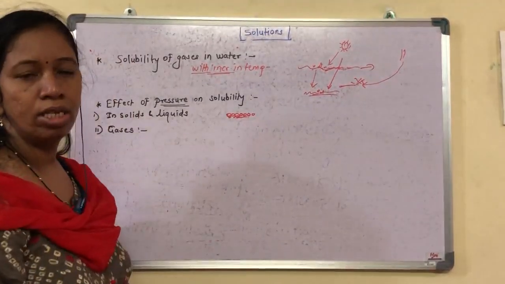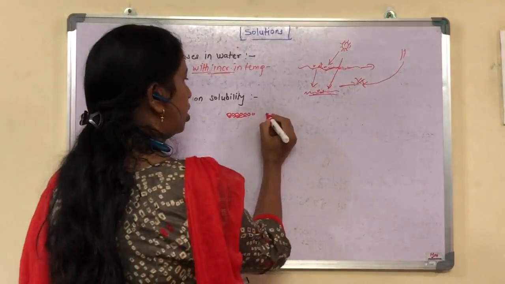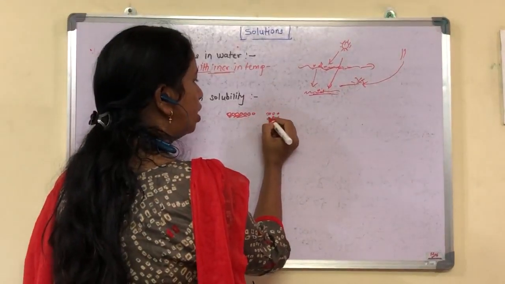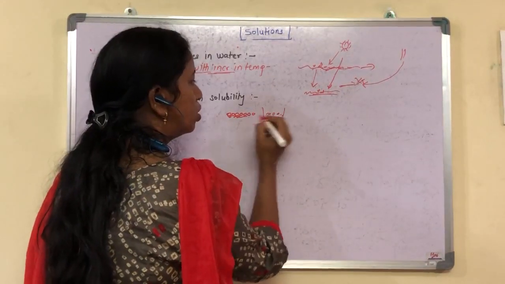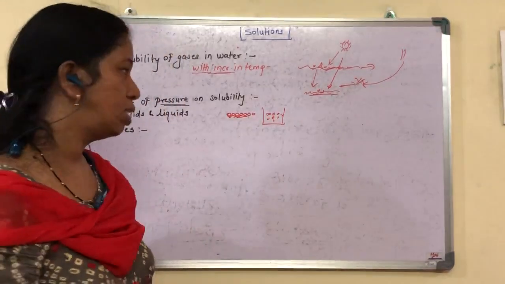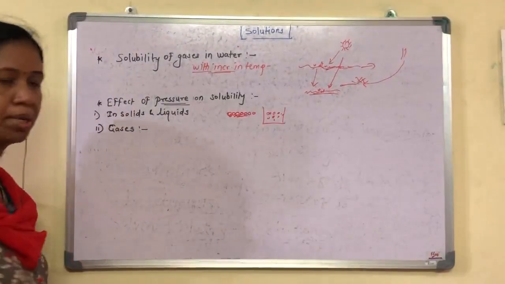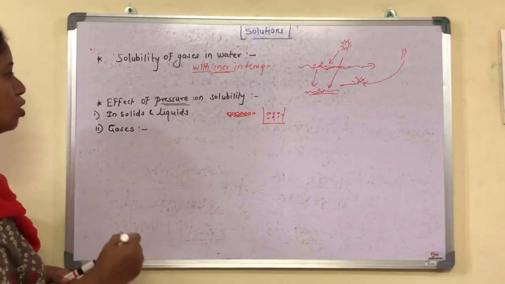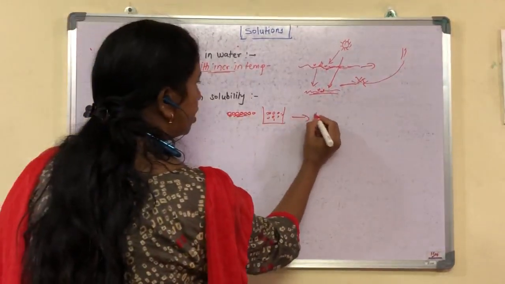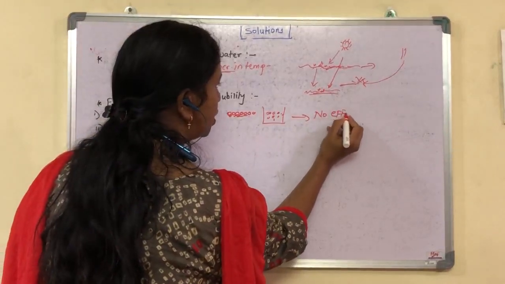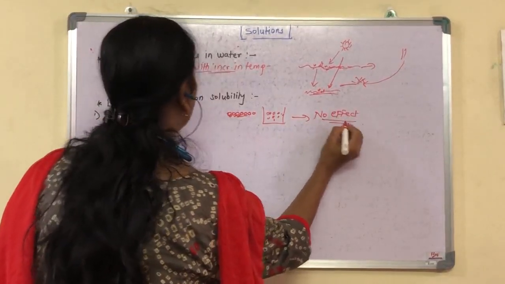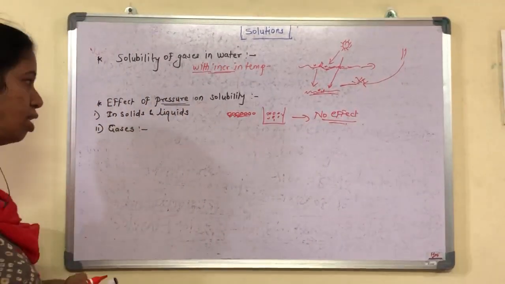Some liquids also have very little intermolecular space, so if we apply pressure, they are not compressible. So there is no effect of pressure on the solubility of solids and liquids.